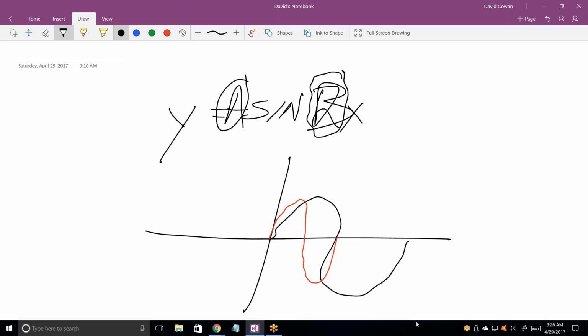When A is between 0 and 1, it acts as a shrink factor. When B is between 0 and 1, it acts as a horizontal stretch. So it's opposite both ways. So if your B was 1/2 x, that would stretch it. It would be double the length.